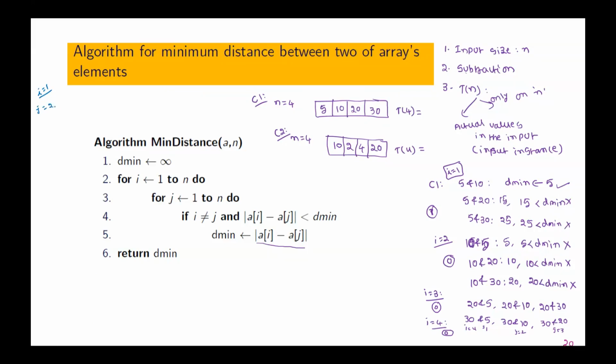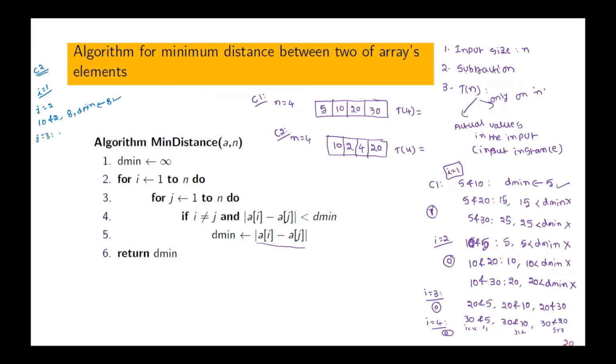I equals 1, J equals 2 means 10 and 2 are compared. What is the difference? 8. So D minimum is initially 8. One time it is compared. Next I equals 1, J equals 3.